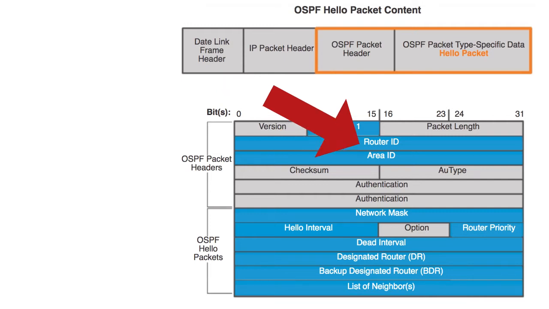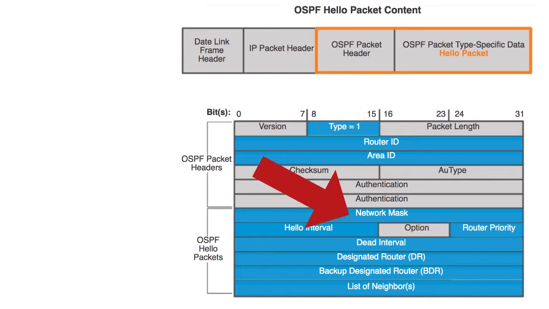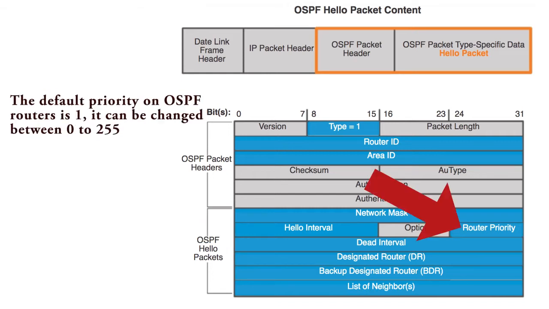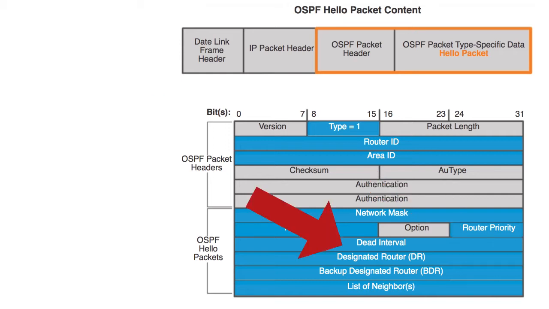the router ID, the area ID from which the packet originated, the network mask, the hello interval, which is the frequency in seconds at which a router sends the hello packets, the router priority, which is used in a DR/BDR election, the dead interval, which is the time in seconds that the router waits to hear from a neighbor before declaring the neighboring router out of service, the designated router's ID, the backup designated router's ID, and the list of neighbors.